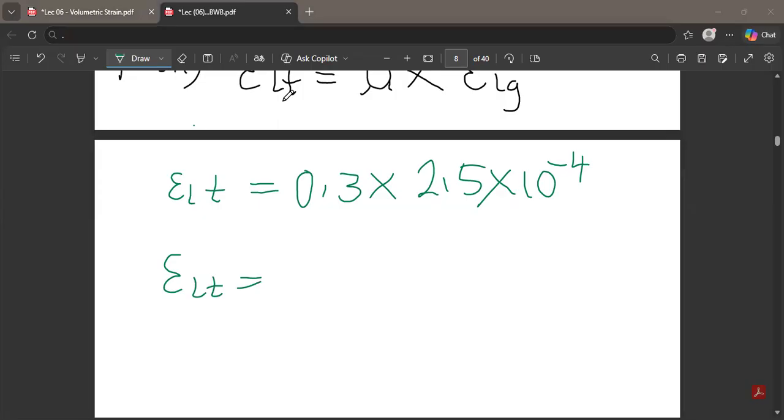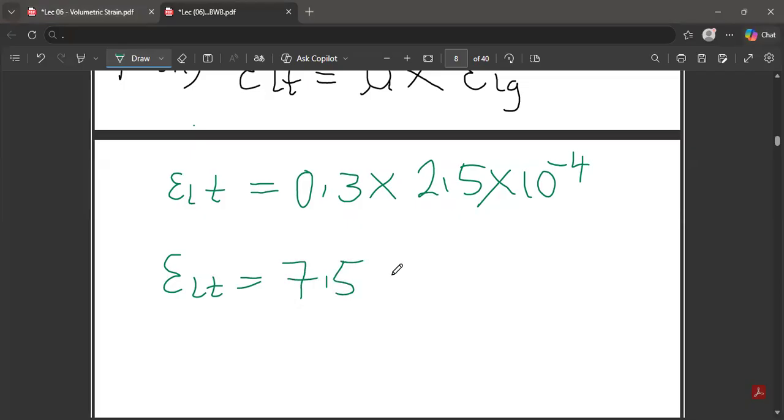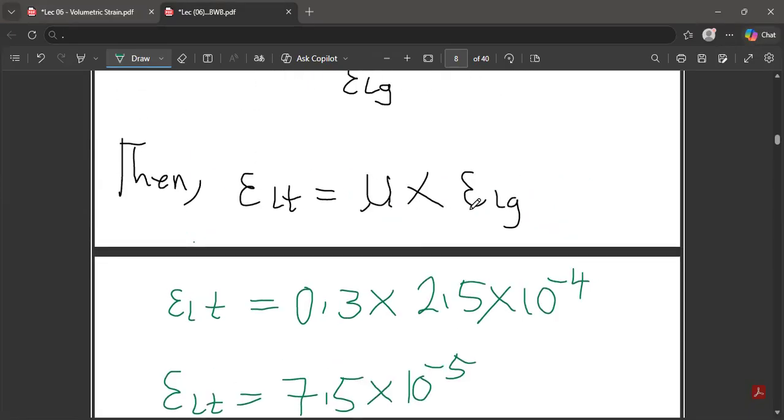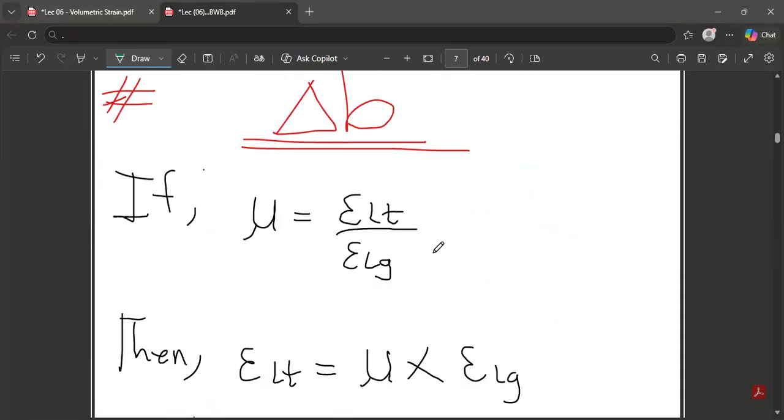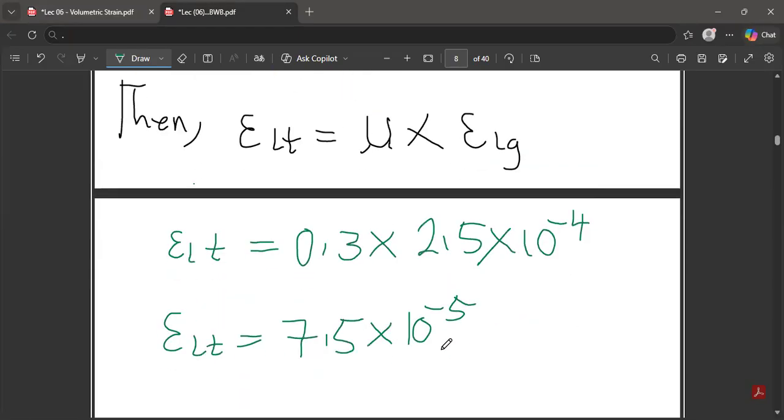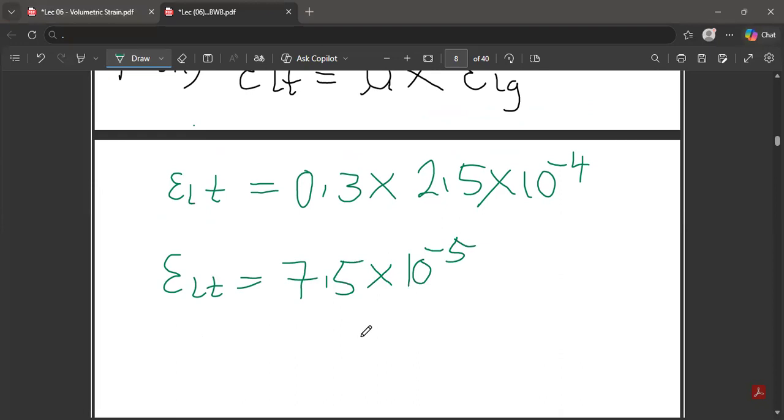Yes, someone got it right, and that was wonderful. That is 7.5 times 10 exponent negative 5. It is a lateral strain. You realize that they don't have a unit, so it is unitless. That is the answer for the lateral strain.